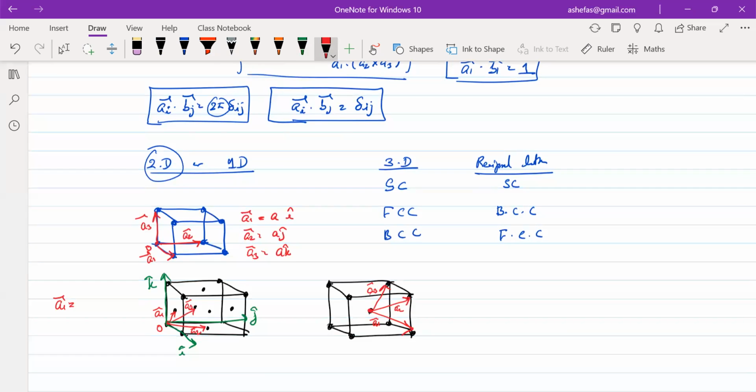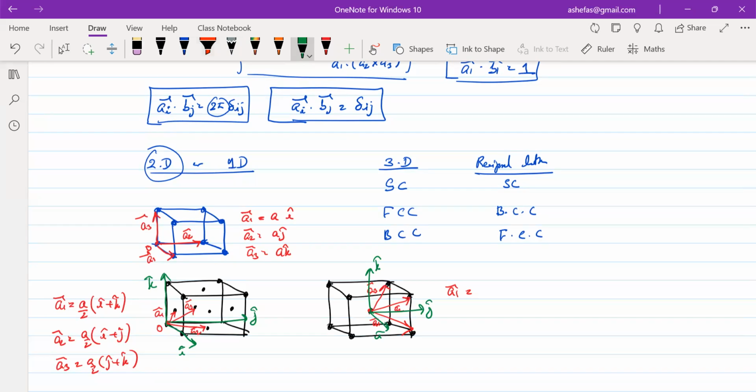A1 is A by 2 times i plus k, A2 is A by 2 times i plus j, and A3 is A by 2 times j plus k. Now for body-centered cubic, again we have to put the directions first: this is the k direction, this is the i direction, and the right side is the j direction.